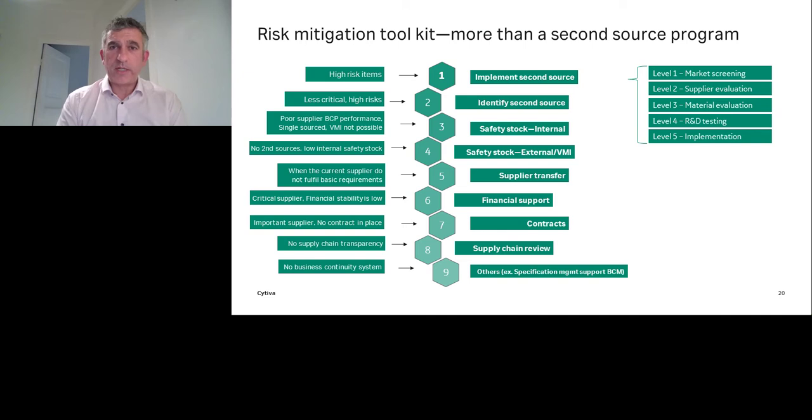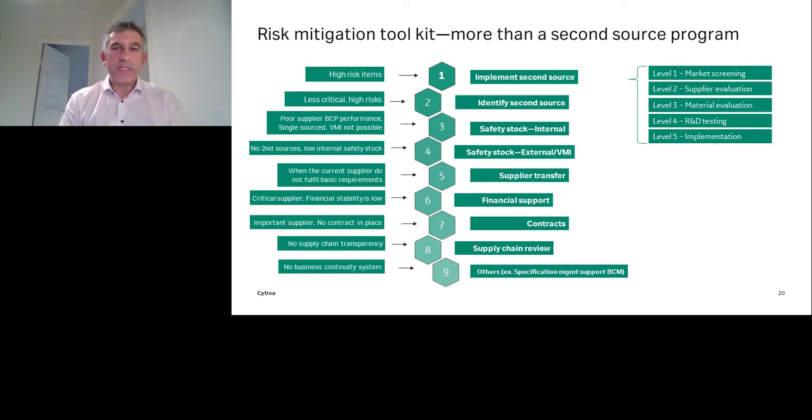The first level is market screening, and that's simply that we've identified potential alternative suppliers. Level 2 is supplier evaluation, where sourcing look at the supplier to see that they're feasible in terms of meeting our standards and our requirements.